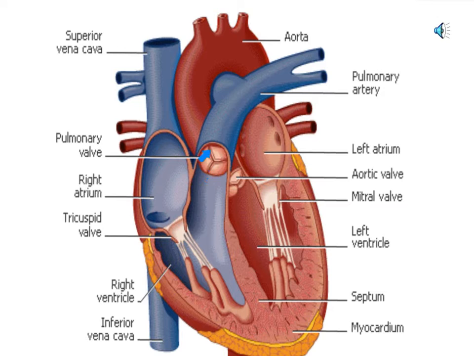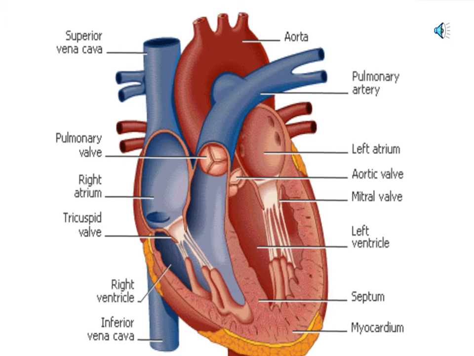Right here we have the pulmonary semilunar valve, and you'll notice that it leaves from the right side of the heart. Right here we have the aortic semilunar valve, and it leaves from the left side of the heart. The pulmonary trunk is an artery. It is blue because it has low levels of oxygen in it, so our pulmonary arteries are blue. If we go back to our poem, arteries are red, veins are blue, except in pulmonary the reverse is true.